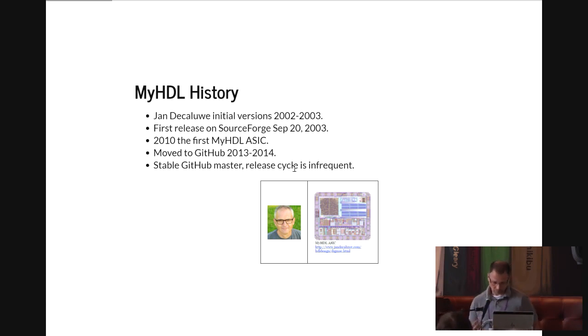Currently we have pretty infrequent release cycles, but our master on GitHub is stable, and we have a pretty large set of regression tests. We still maintain the project and add to it, but there aren't a whole lot of features necessarily being added. Everything else is really focusing on developing up that stack.